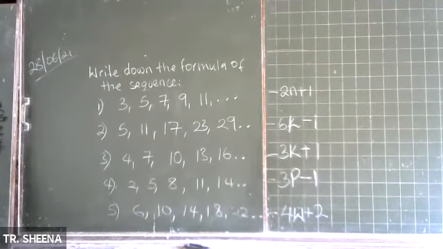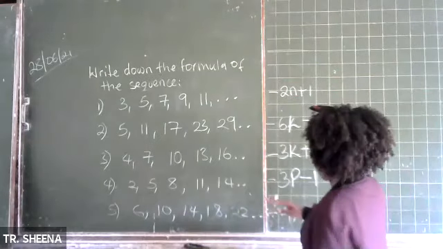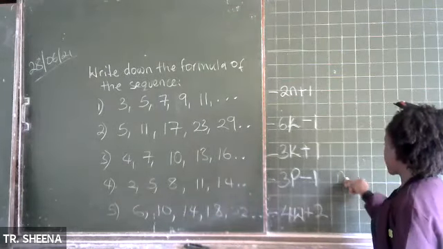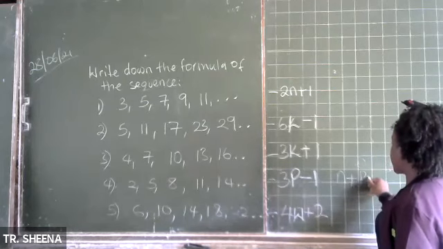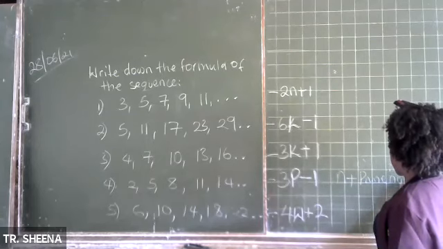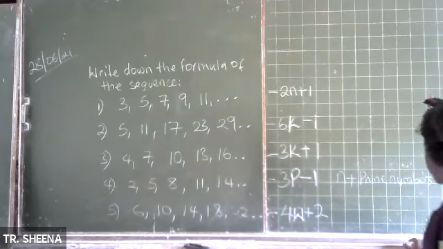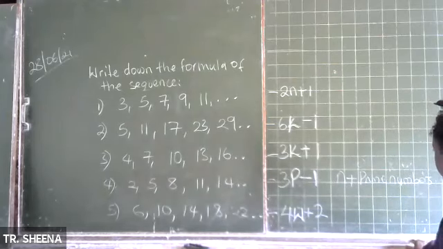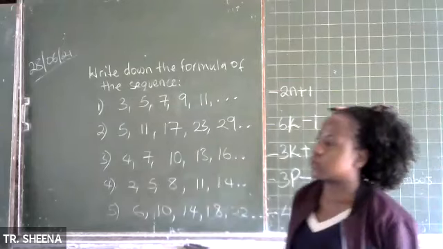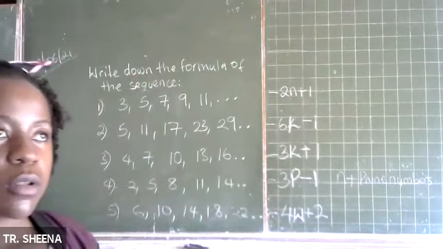Most people have the same, but Elisha is asking, what if you say for number 4, n plus prime number? Number 4 is here. It is correct, but I wouldn't advise it.